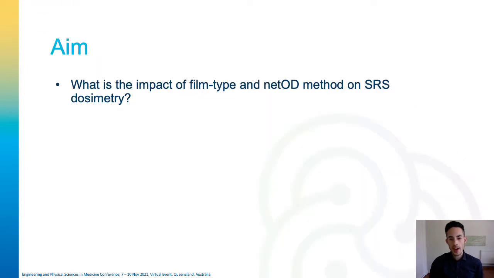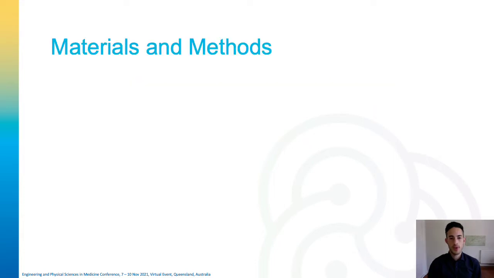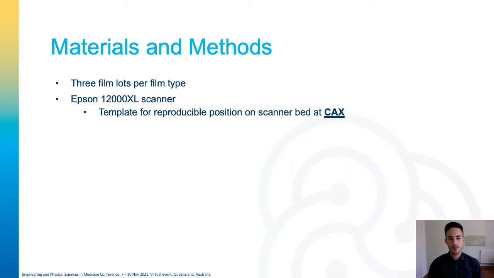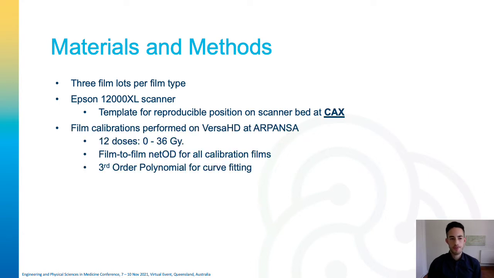So really the overall aim and question addressed by this talk is: what is the impact of film type and net optical density method on SRS dosimetry? All of the data that will be presented in this talk came from 3 different film lots per film type. And all of these scans were performed using a scanning template in order to reproduce the position of any pre-scan and post-scan on the central axis of the scanner bed.